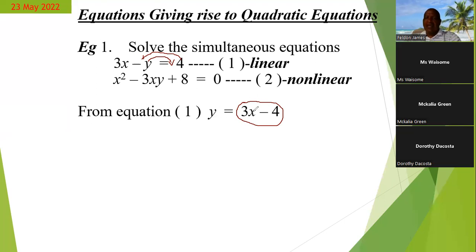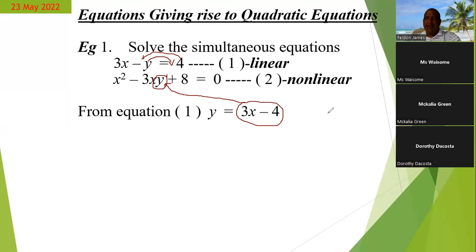So y equals 3x minus 4. Now in the other equation, we use equation 1 to make y the subject. So in equation 2, wherever we have y, we're going to replace it with 3x minus 4 in brackets. So wherever y is, we put 3x minus 4 in brackets.